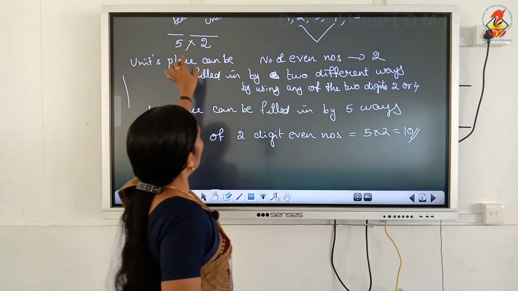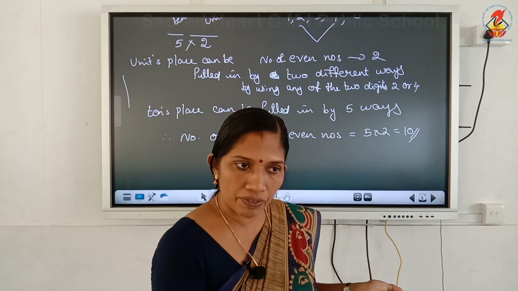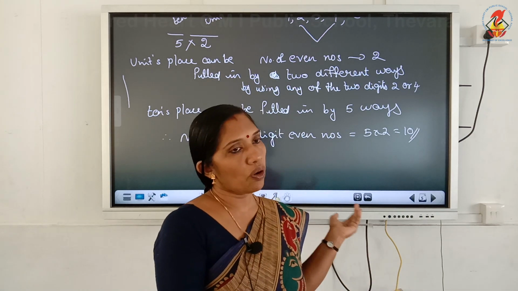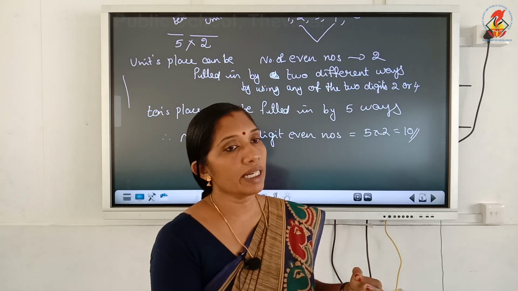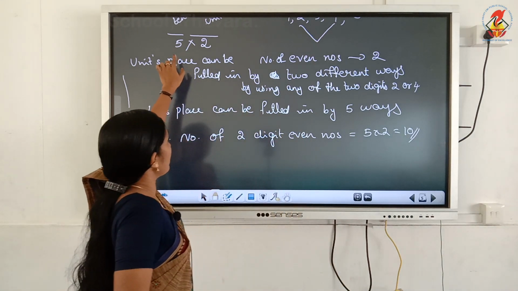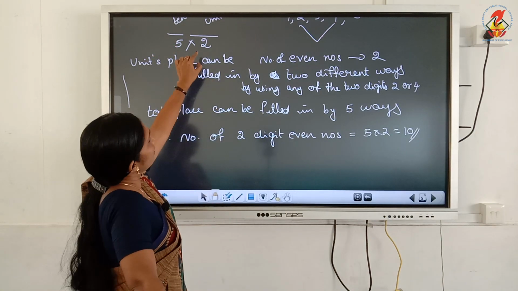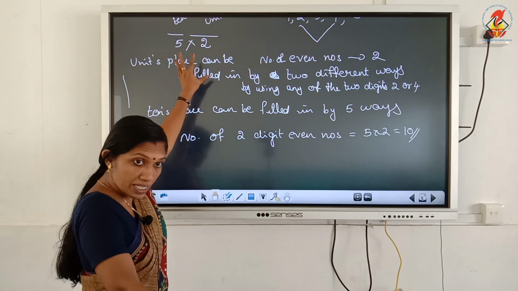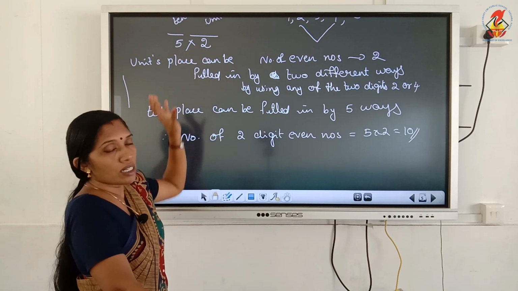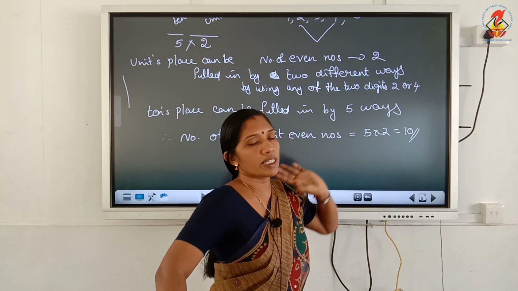Now, moving to the tens place, since digits can be repeated, that is the condition given in the question, we can use any of the 5 digits. So, the first place can be filled in 5 different ways. Don't think this 5 is the digit 5 and this 2 is the digit 2, not like that. 5 different ways and 2 different ways. So, the total number of 2-digit even numbers is 5 into 2, that is equal to 10.